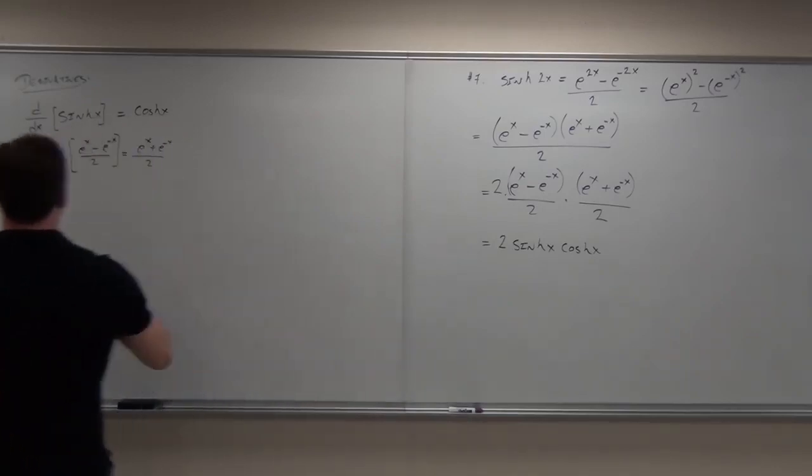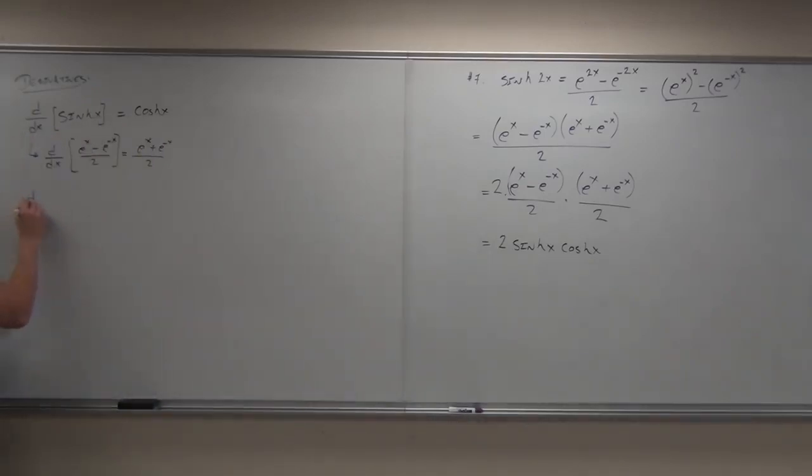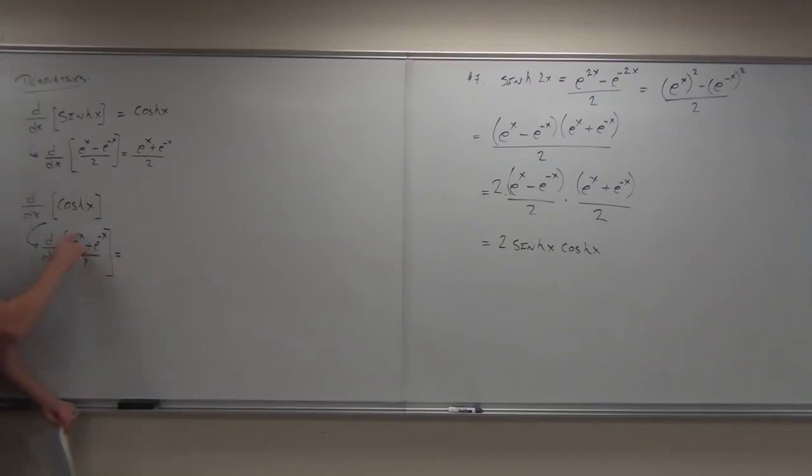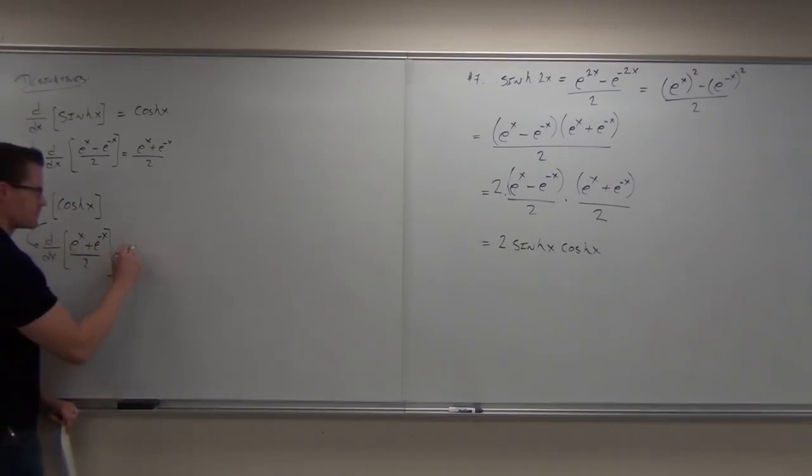Yeah. Interesting. Okay, so how about we do, now this one's going to blow your minds. Maybe. This would be the derivative of e to the x plus e to the negative x over 2. Check this one out. Firstly, notice that is cosh. What's the derivative of e to the x?